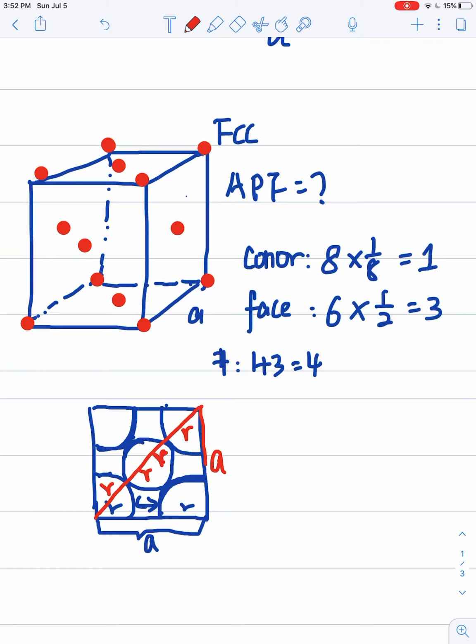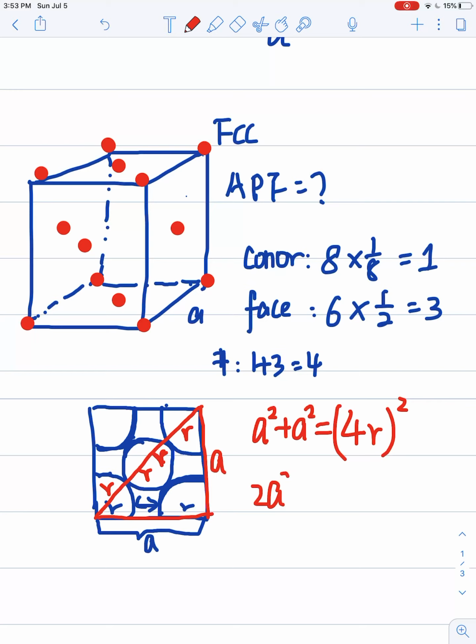Look at this, we have a triangle. Now we have A squared plus A squared equals (4R) squared. Let's do a quick calculation here.